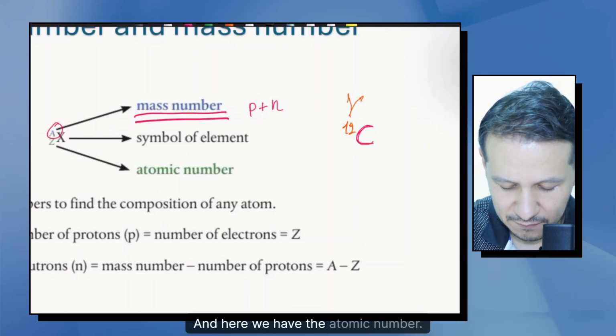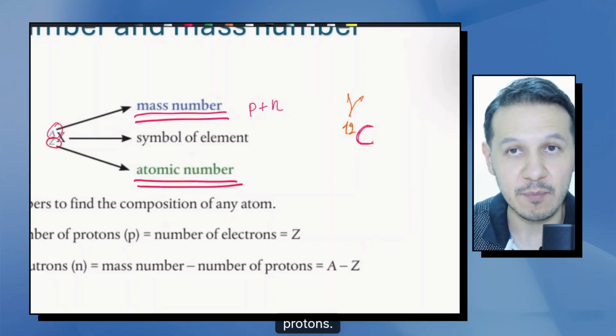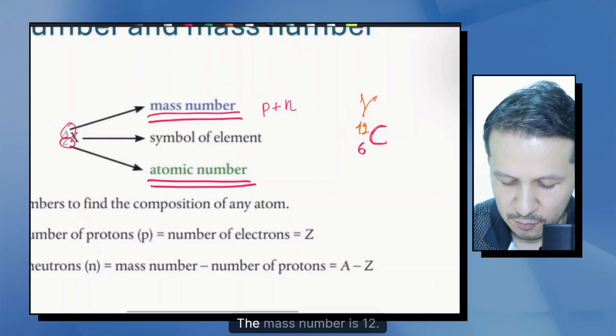And here we have the atomic number, which is the number of protons, so the number of protons is 6. For carbon, the mass number is 12 and the atomic number is 6.